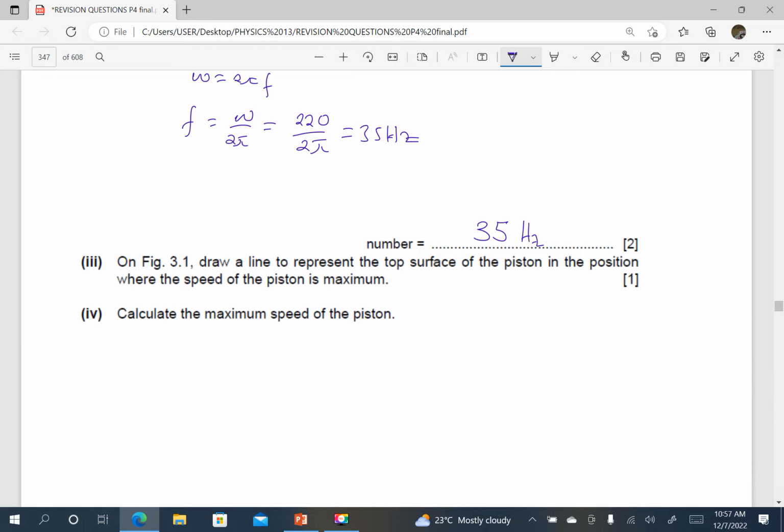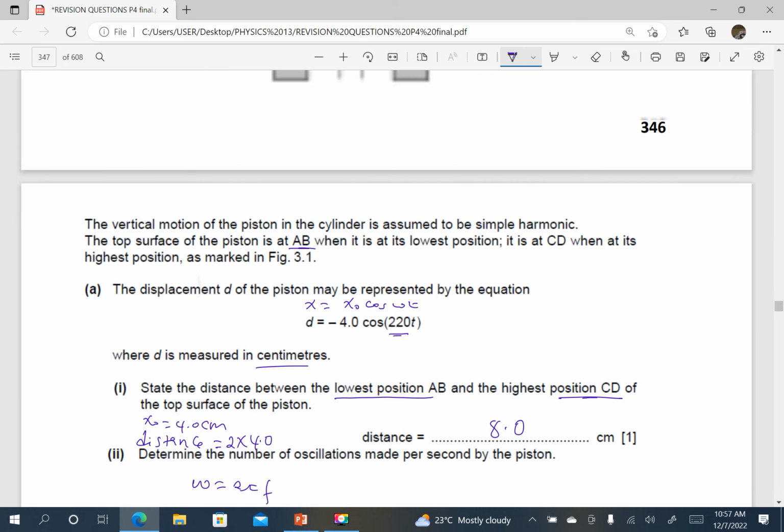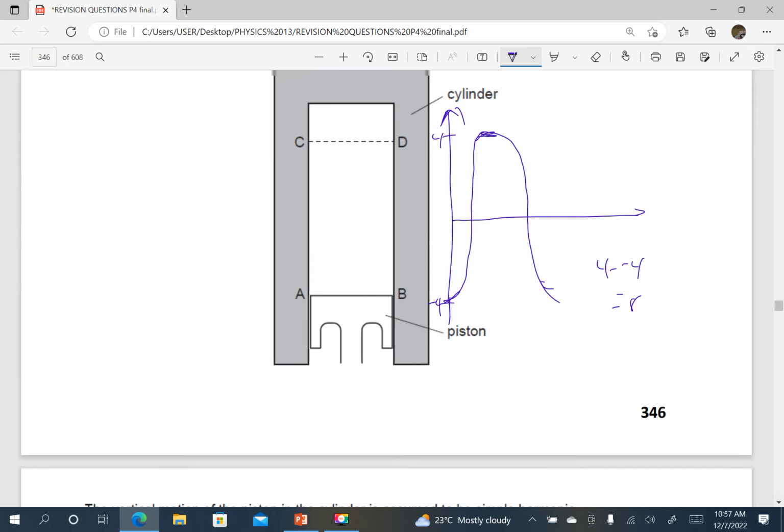Then on the figure, draw a line to represent the top surface of the piston in the position where the speed of the piston is maximum. Remember, speed is maximum at equilibrium, where the displacement equals 0.